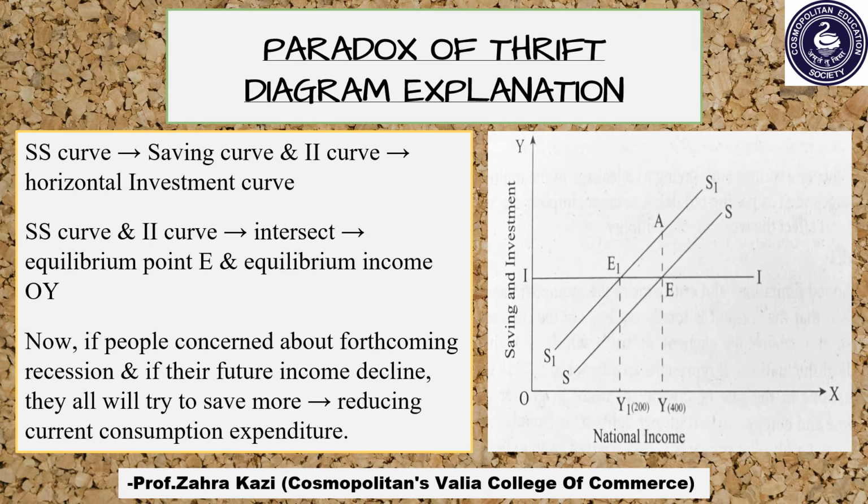After this, people are more concerned with the near future recession that is coming up in their economy. They are concerned that in the near future their income may decline. So what they will do today is start saving more. Because they have started saving more, today their consumption level starts falling.